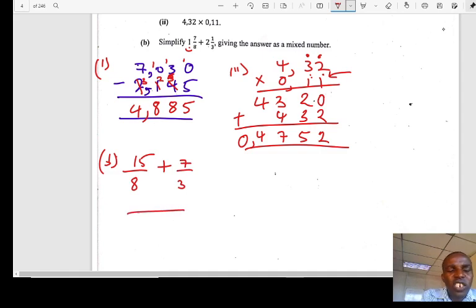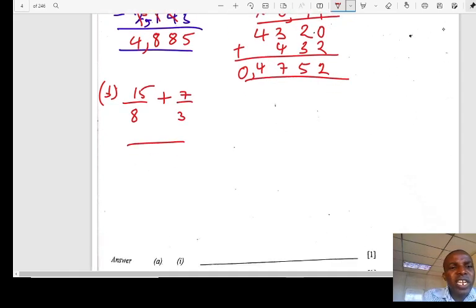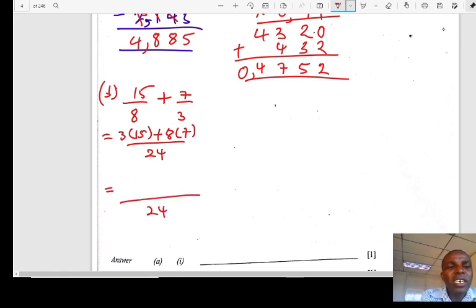Then find a common denominator here. Common denominator, 8 and 3 is actually 24. Then you say 8 into 24 is 3. 3 times 15 here plus 3 into 24 is 8 times 7 on top there, the numerator. Then you maintain your denominator here. 3 times 15 is 45 plus 8 times 7 is 56.